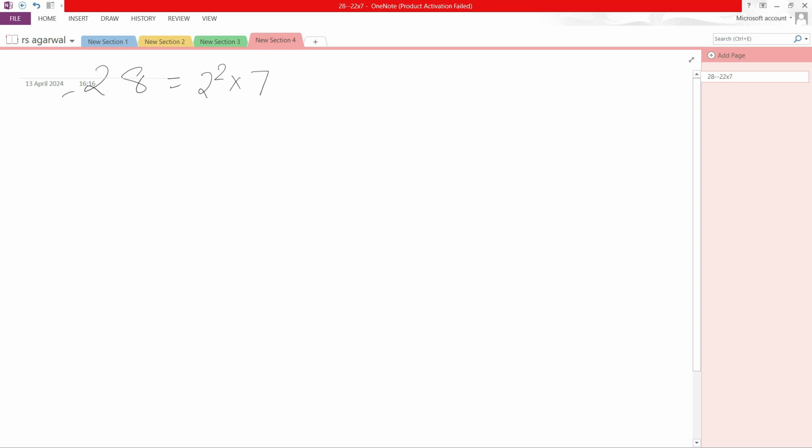After that, 32 is equal to 2 to the power 5. So LCM is equal to 2 to the power 5 into 7, which is 224.